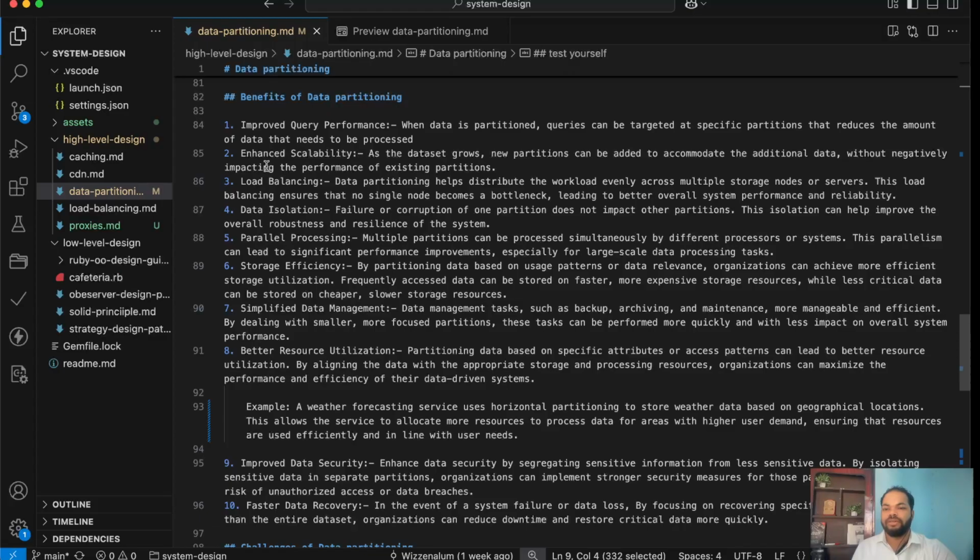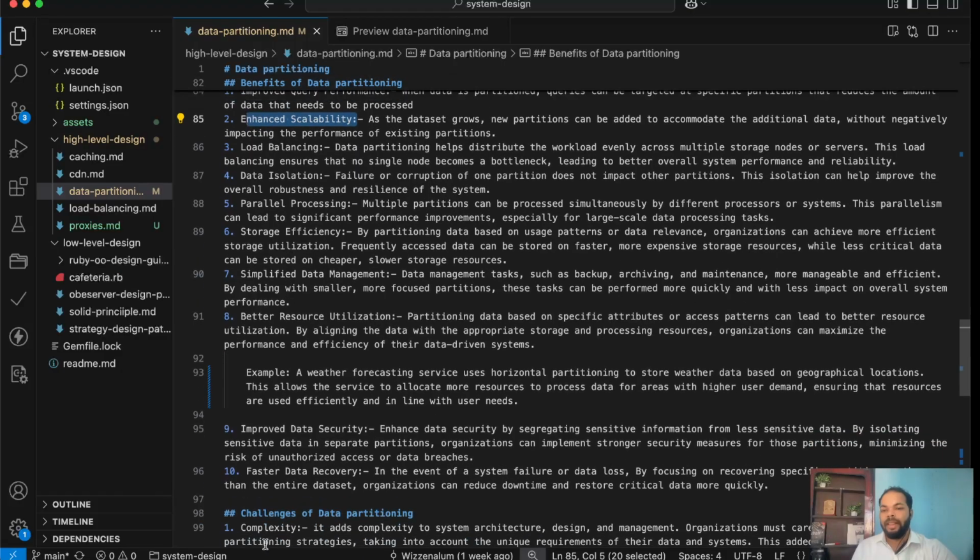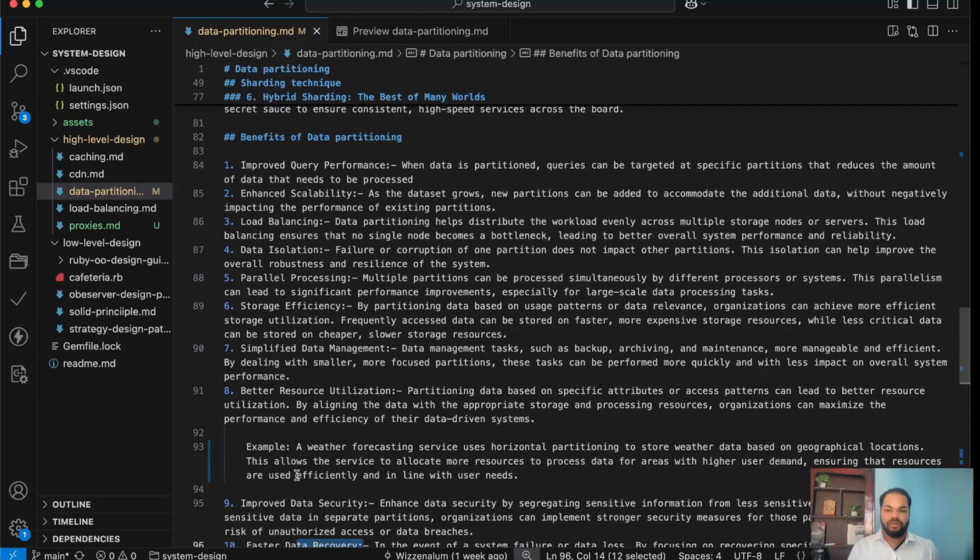Data isolation is done. Load balancing, yes, load balancing can also be done. Enhanced scalability is done. That is the availability and all of that. Improved data security is done. Fast data recovery is done. Now we can look at parallel processing, storage efficiency, and simplified data management.